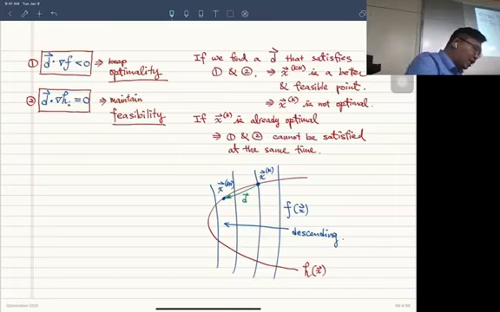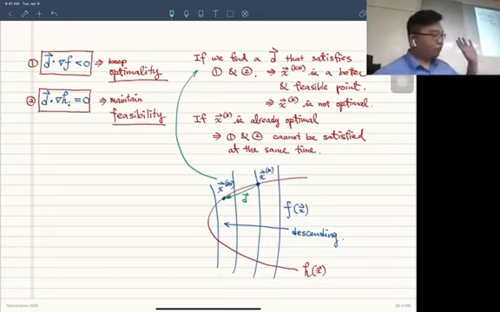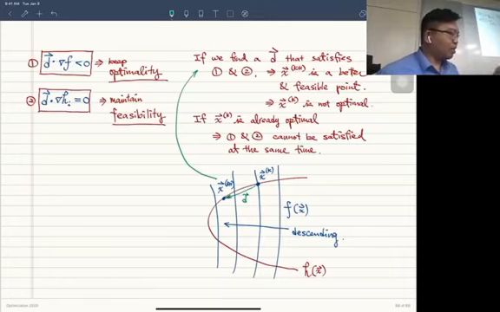This case satisfies my first statement because I was able to find a better point, since the function value drops, and also my new point still satisfies the constraint. So my new point is a better and feasible point. My old point is not optimal.